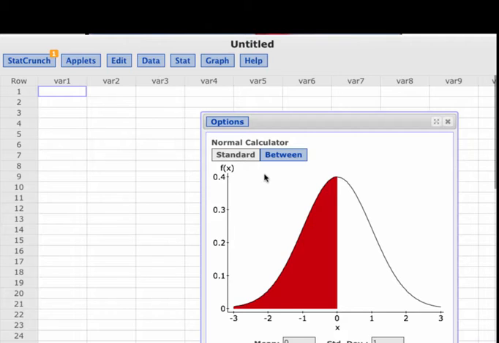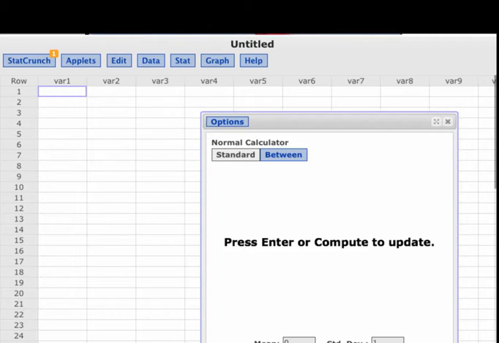Now, because we are given the z-score, it has already been converted to a standard score. By definition, the mean is 0 and the standard deviation is 1. The z value given was 0.42.